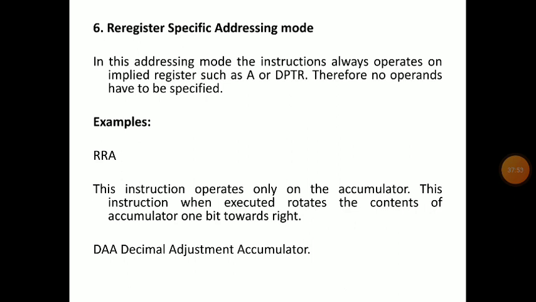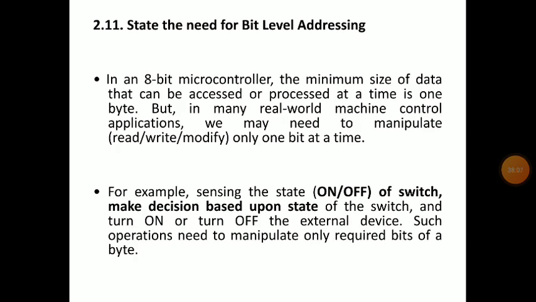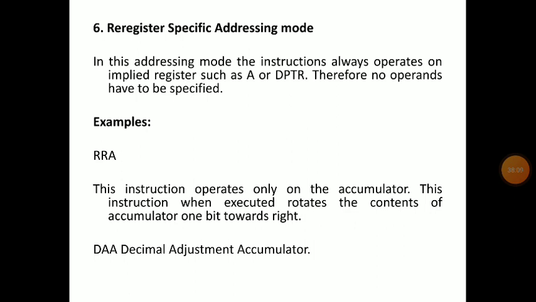This instruction operates only on the accumulator and, when executed, rotates the contents of the accumulator 1 bit towards the right. The next example is DAA, decimal adjust accumulator. This is used in the case of BCD operands. The decimal values have to be adjusted for the BCD format.